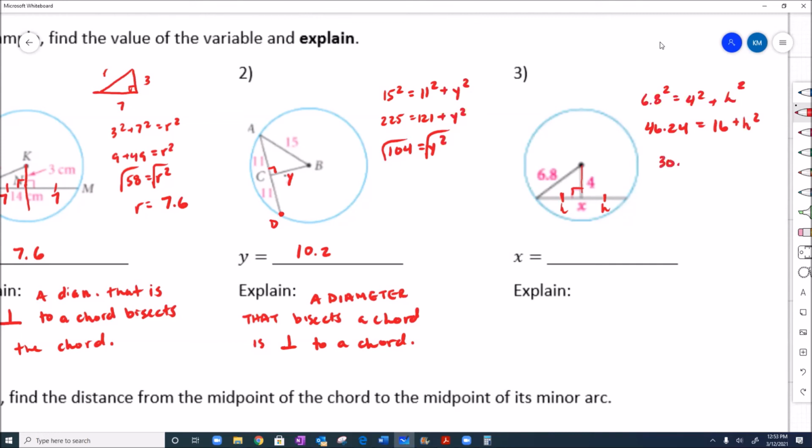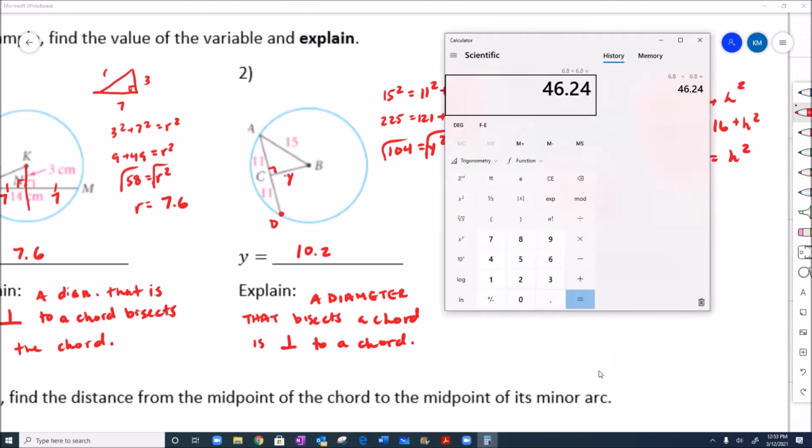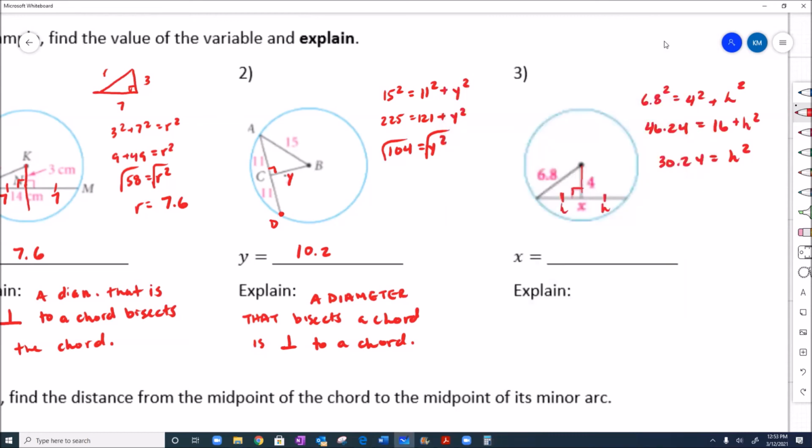We get 30.24 equals h squared. And now we have to take the square root of that to find our answer. We're taking the square root of 30.24, and that gives us 5.49 or 5.5. Okay, so we find h to be 5.5.